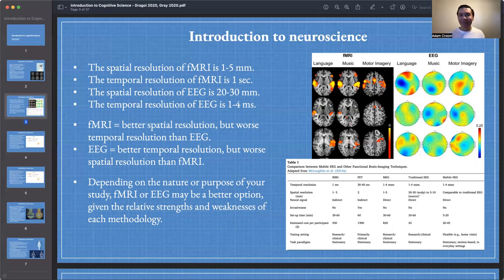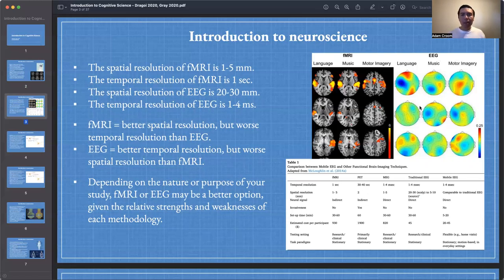Notice that with fMRI, we get some beautiful images of the brain. Look how detailed those images are. On EEG, you can't see so much of that detail; the spatial resolution is lacking in the EEG. However, we'll see that the temporal resolution in EEG is excellent.